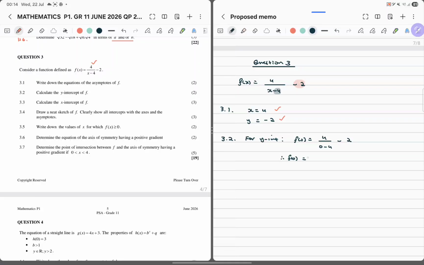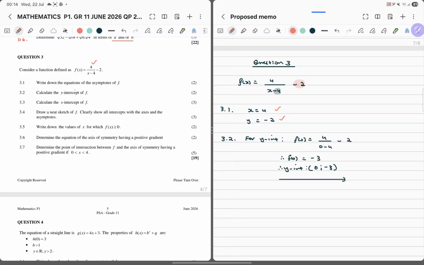Therefore, f of 0 is equal to, this is minus 1 minus 2 is minus 3. Therefore, the y-intercept is going to be 0 and minus 3. Nice and easy. So we are done. That was what we were supposed to do, and we did it.